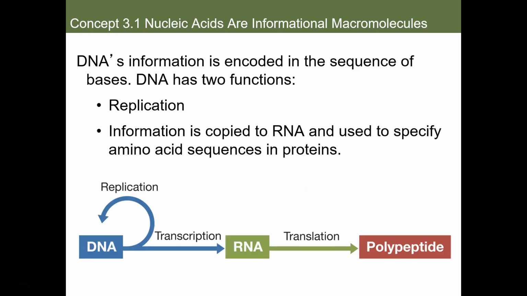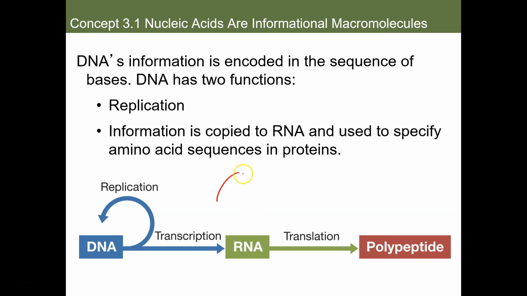Now, DNA has information in it, and DNA has two major functions. First off, it allows it to code for itself. DNA can replicate based on its own instructions. That is highly critical and a very key component of DNA. Also, though, DNA has the information necessary to specify specific RNA molecules, which in turn can be used to specify specific amino acids, which can then go into the primary structure to build up eventually to a protein.